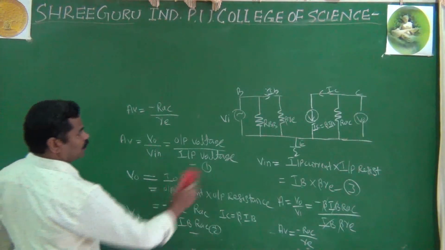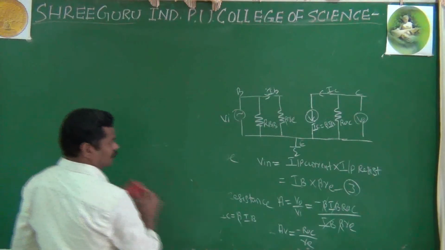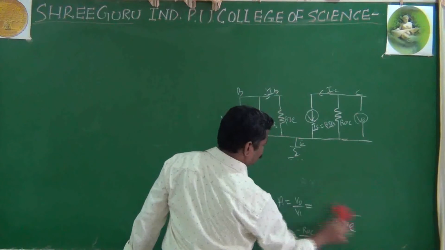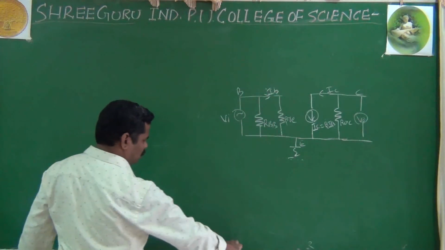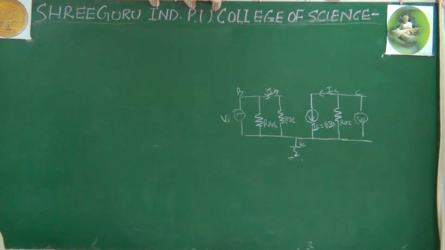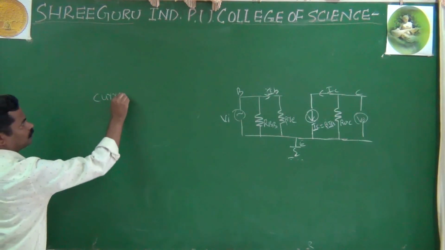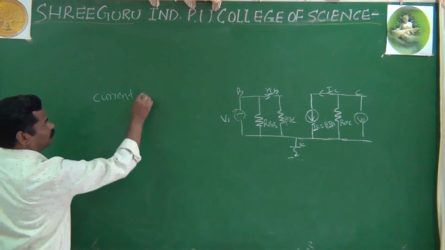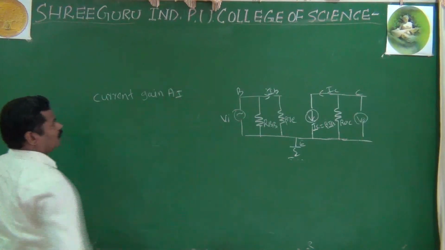In the same way, you go for the current gain. It's very simple because you already studied all the parameters in the beginning. Current gain, which is important for any amplifier, is AI.